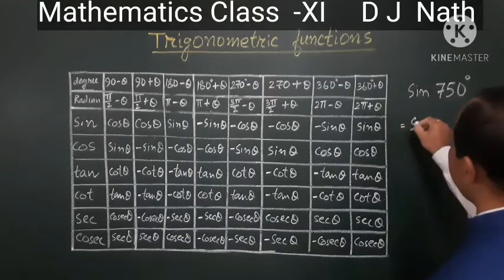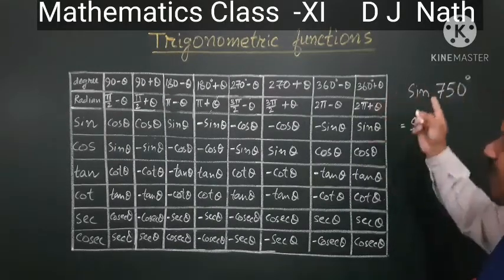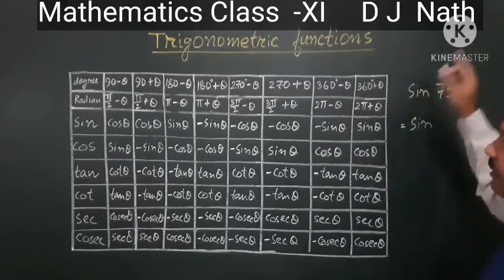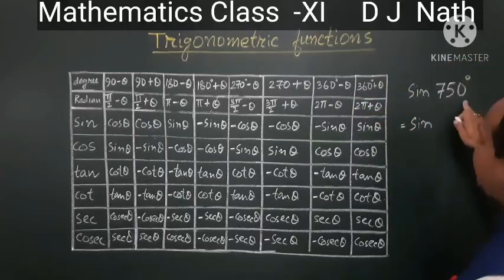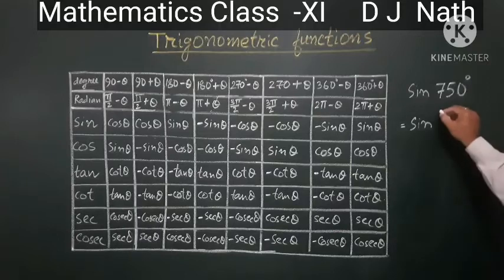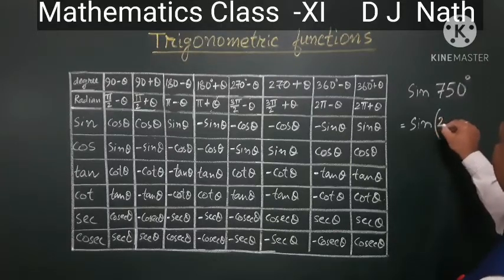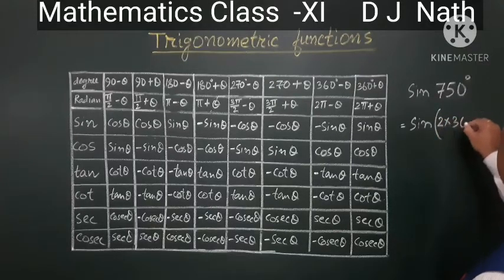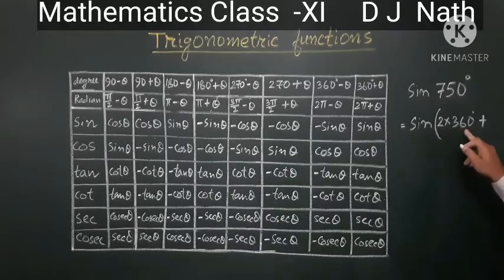We'll use this kind of thing by extending. So 750 can be written as 2 into 360, which is 720, plus 30.